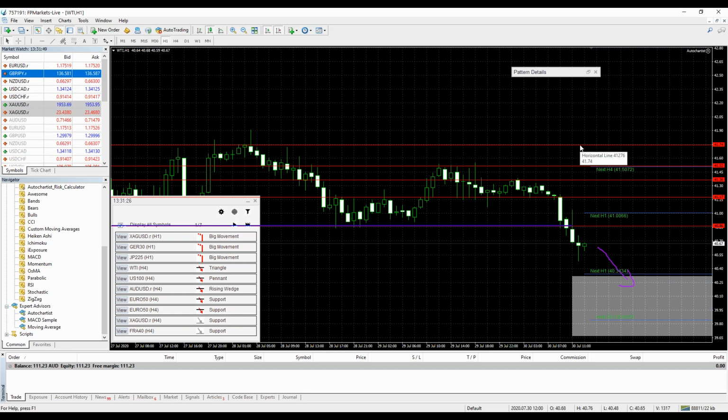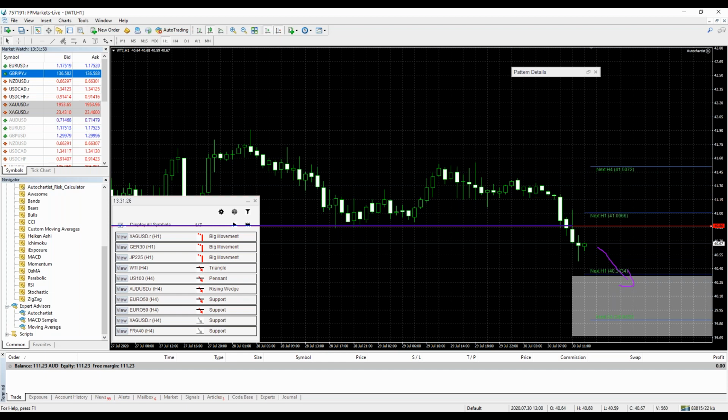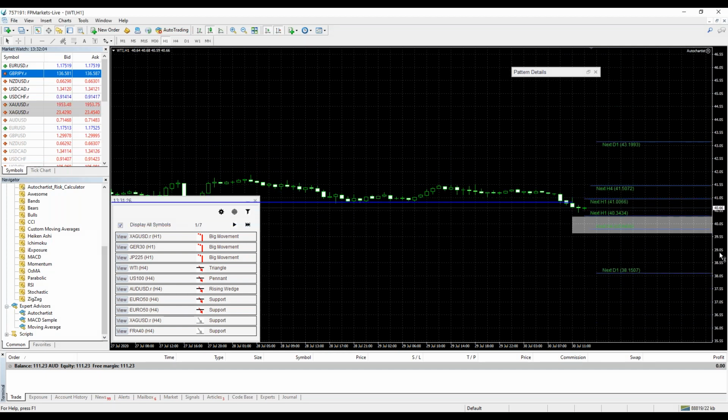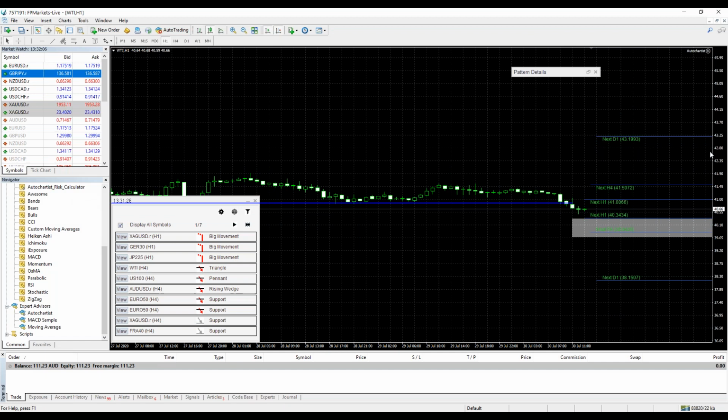And so let me erase some of these drawing objects, because I want to show you something that Autochartist gives you. If you can actually see this, I hope you can see these lines on the right-hand side. I'm going to try and highlight them.